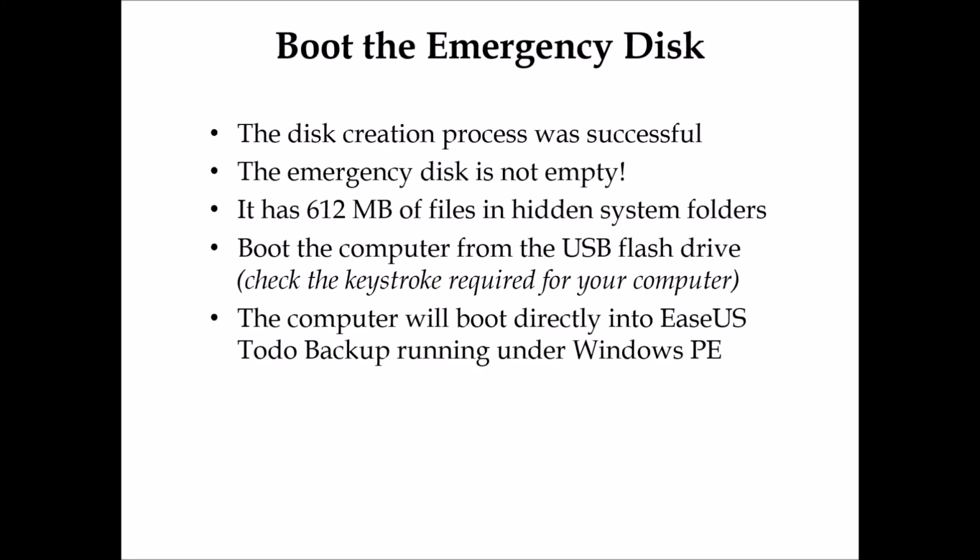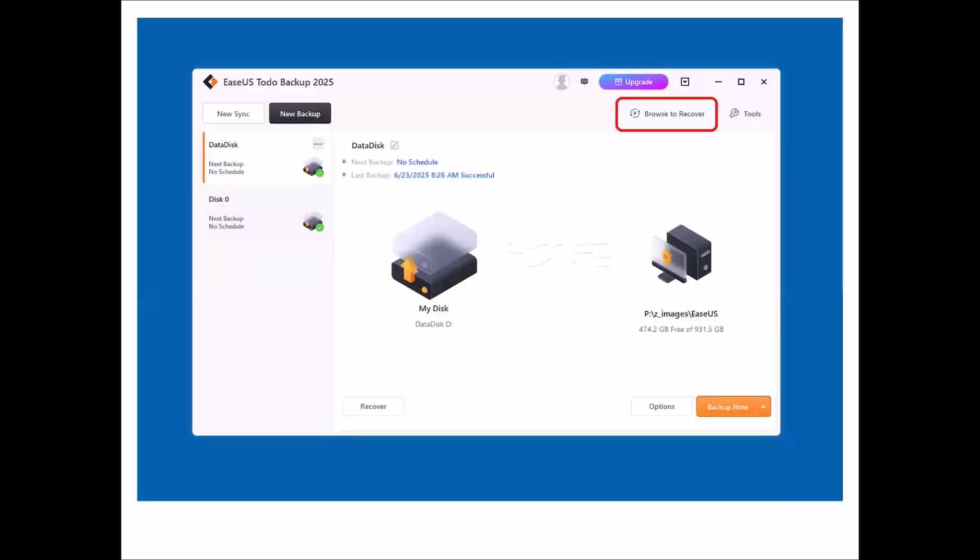And from that boot menu, I can select boot from the USB flash drive. It's running Windows PE, this stripped down version of Windows, but the computer boots directly into the backup software.